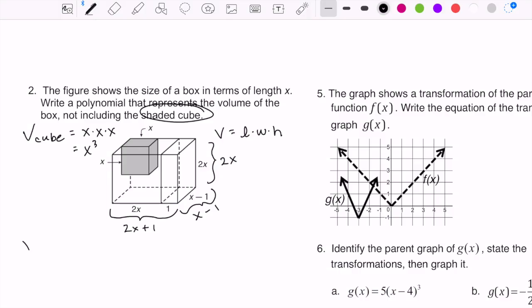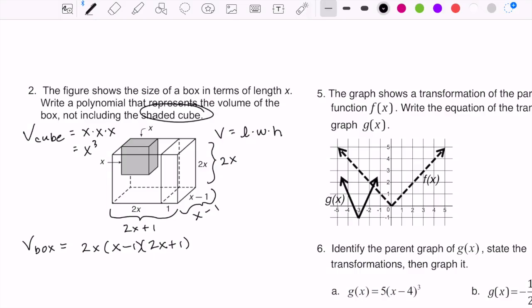So the volume of our rectangular prism, so the volume of the whole box, is going to be 2x times x minus 1 times 2x plus 1. Doesn't really matter the order of those. So that's the volume of the whole box. When we want to subtract out the cube, we'll do it once we've done the math for this. Okay.